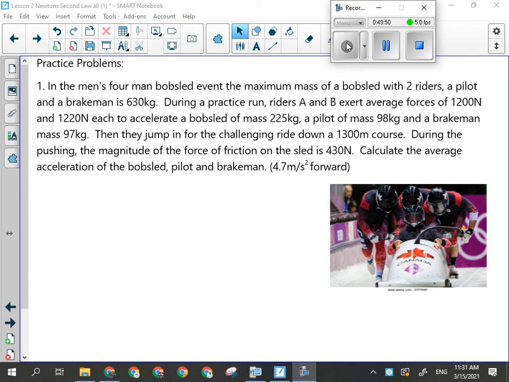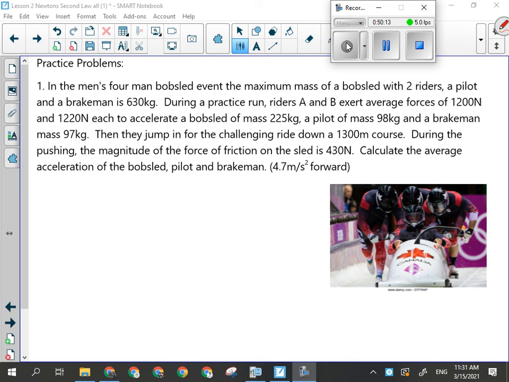Right, so it says here, okay, during a practice run, riders A and B exert forces of 1,200 and 1,220. They accelerate the bobsled 225, the pilot 98, the brakeman 97. Then they jump in for the challenging ride down the 1,300-meter course. Also, cool, don't need it. Okay, not important. All right, friction is 430 newtons, okay, and we're looking for the average acceleration.